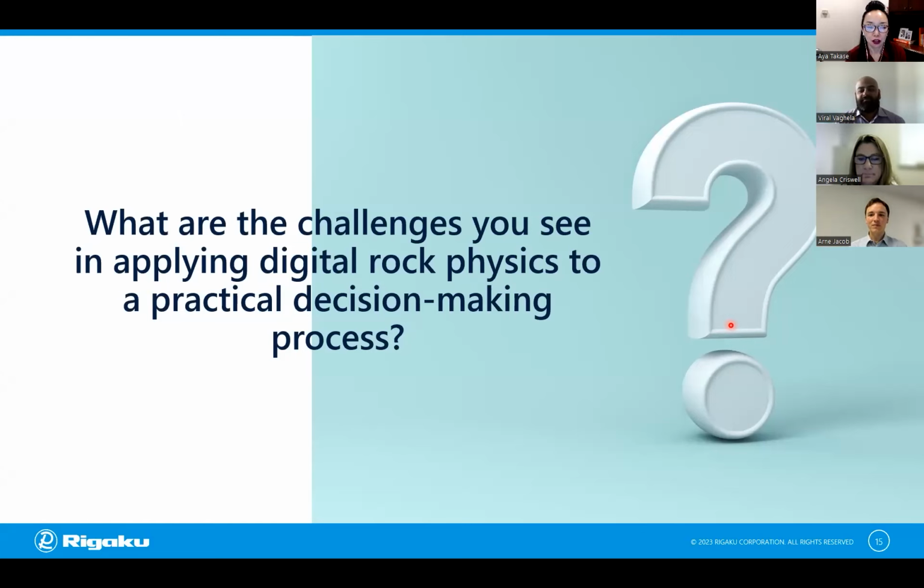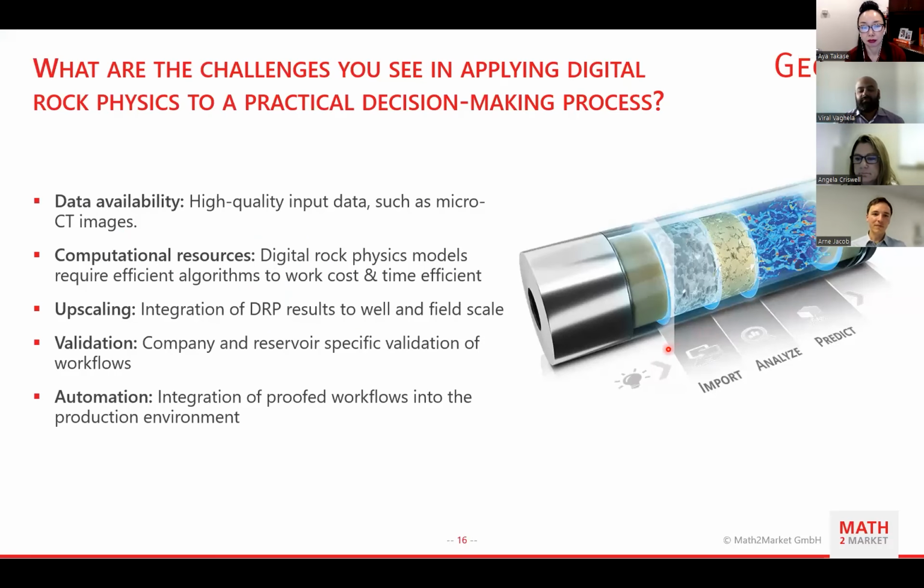What are the challenges you see as an expert in applying digital rock physics to a practical decision-making process? So the first thing would be that you have enough reliable data available. And that can be obtained by using high quality CTs, for example, the ones Rigaku produces. And you need data which you're confident about. For example, take a sandstone with a high clay content.